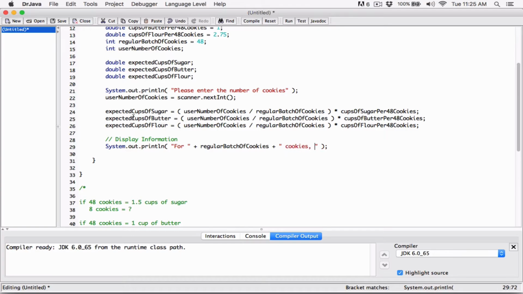cookies, comma, you will need, space, expected cups of sugar, and that's going to be expected cups of sugar. So for example, if that's 4, then it's going to read, you will need, let's say, 4 cups of sugar.